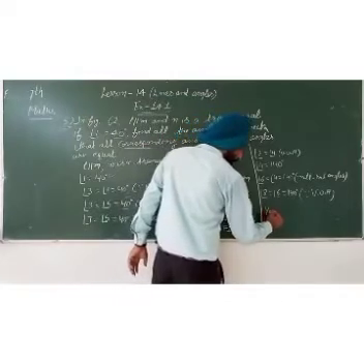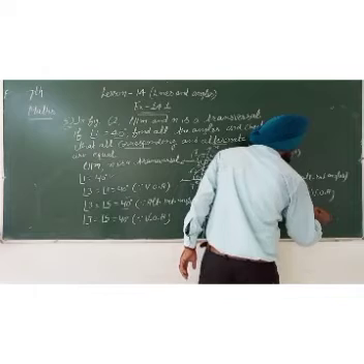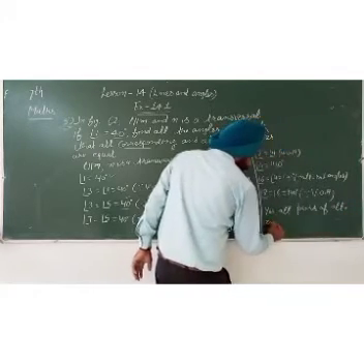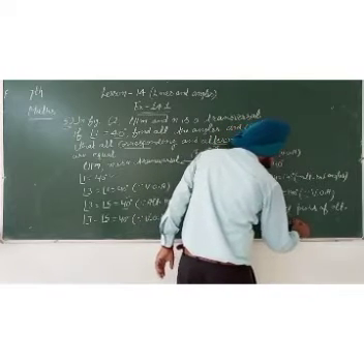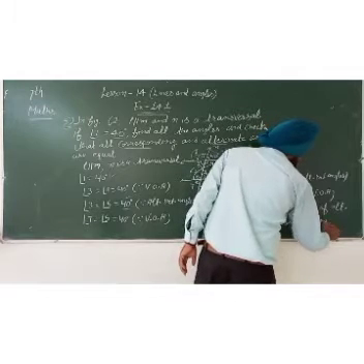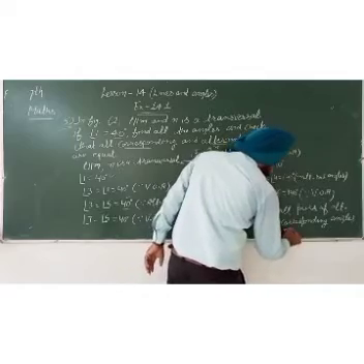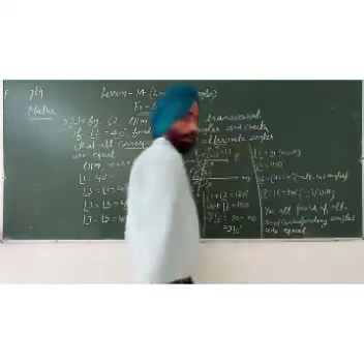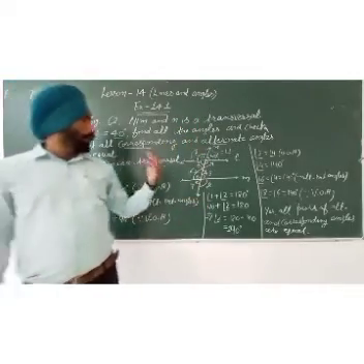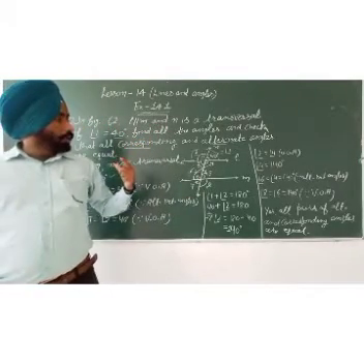So here you can write: yes, all pairs of alternate and corresponding angles are equal. In that way you can find all other angles if one angle is given. So this is the first type of question.